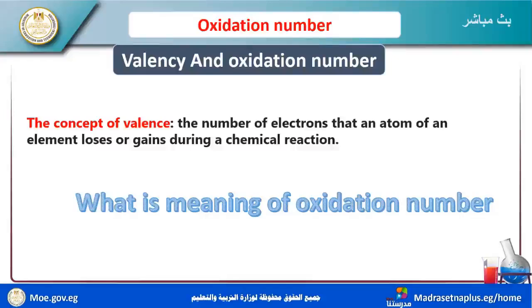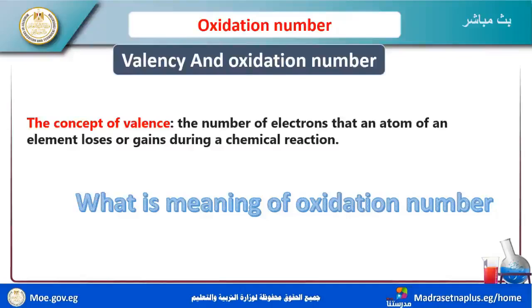Okay, but if I ask you why hydrogen is monovalent and why oxygen is divalent, your answer is, I only knew this information, I saved it before, but I didn't know why.